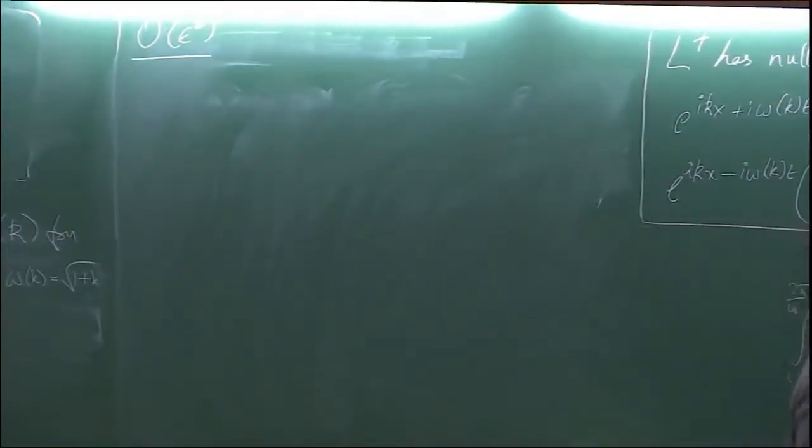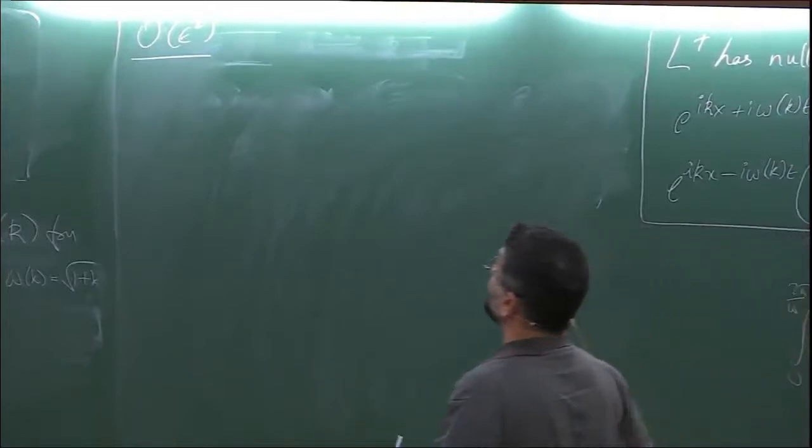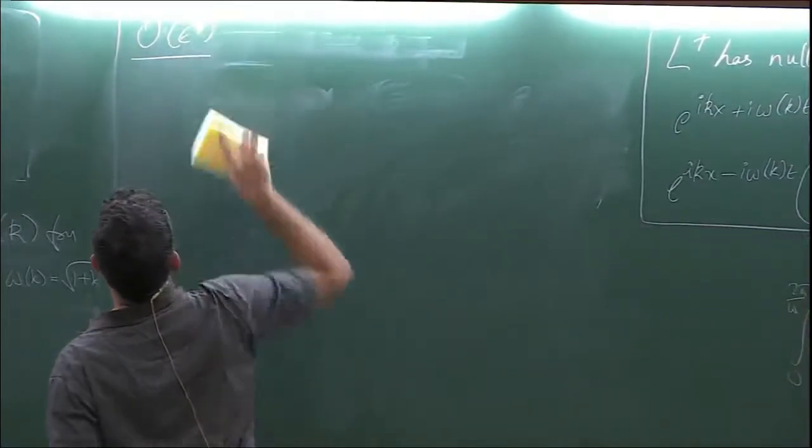Right, so, oh, actually, not yet, not yet. Go back to order epsilon. Making this assumption doesn't turn the right-hand side to 0. It just makes sure the right-hand side is in the right space. Okay, it doesn't turn it to 0.